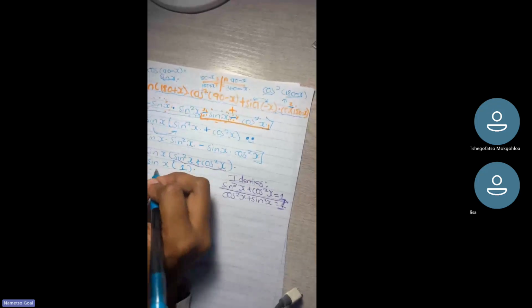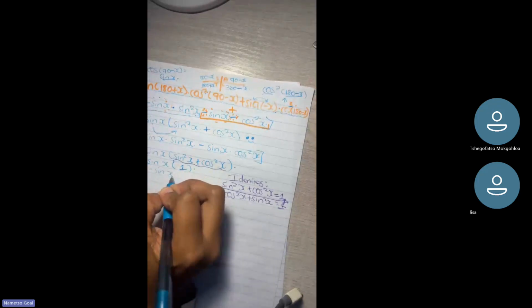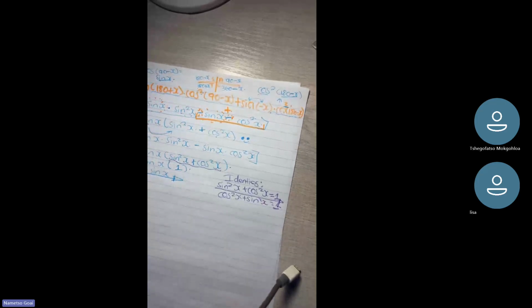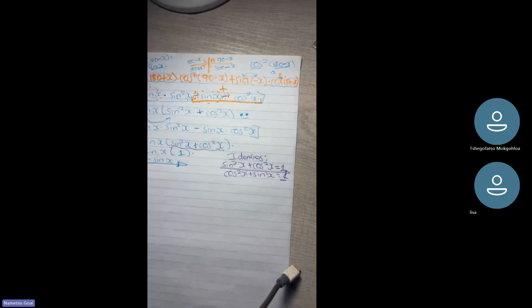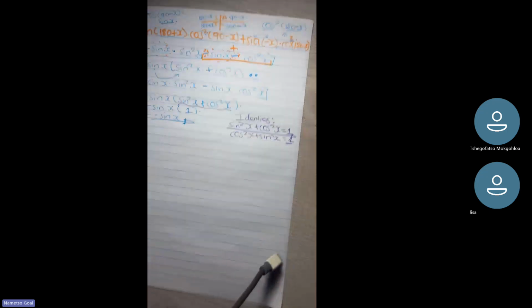So now we just have negative sine x, which is our final answer, because remember, from the initial question, they said to simplify until you are only left with one trig function. Do you understand it? Yes, ma'am. Okay. Let's try moving on to 3.3.